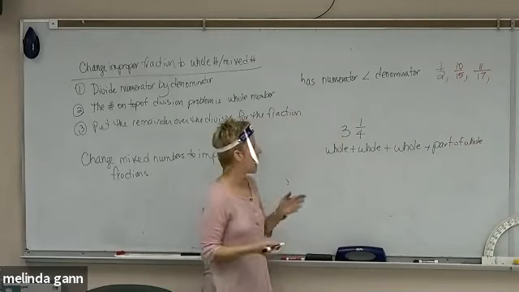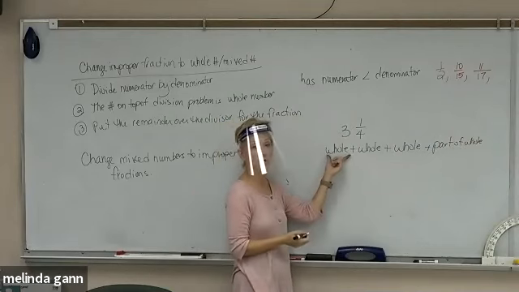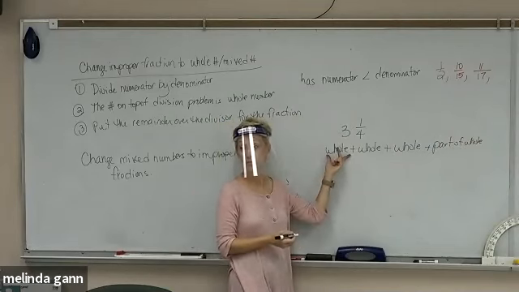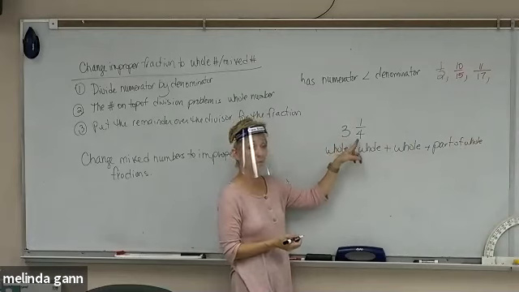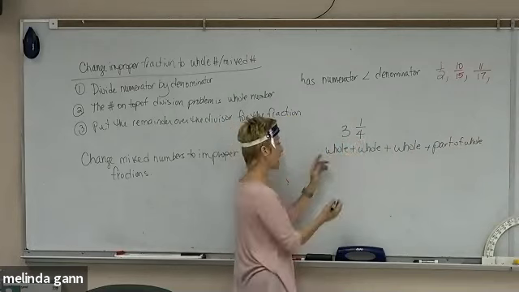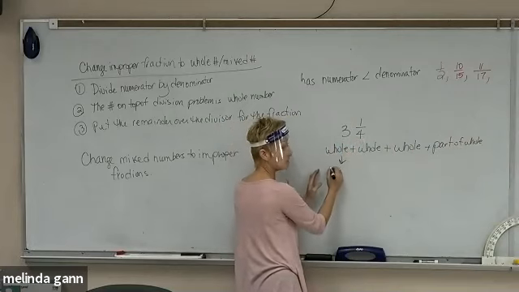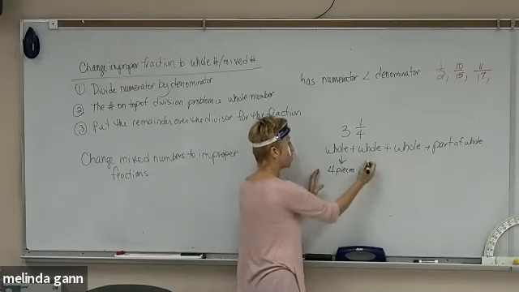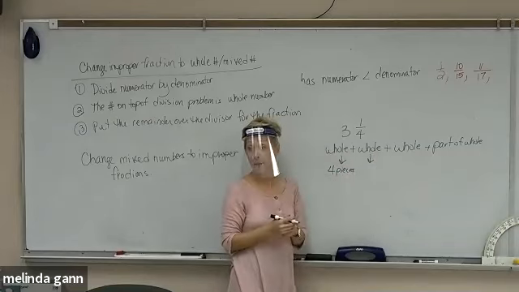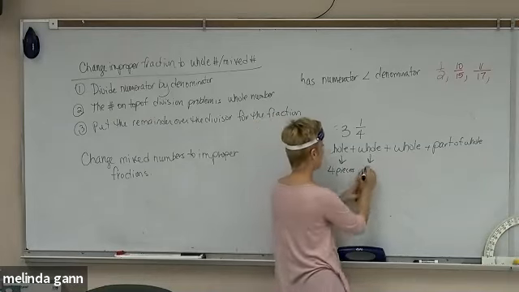Right? How many pieces is this whole going to be unbundled into? How many equally sized pieces make a whole in this problem? 4. So when I take this whole, it's going to unbundle into 4 pieces, doesn't it?